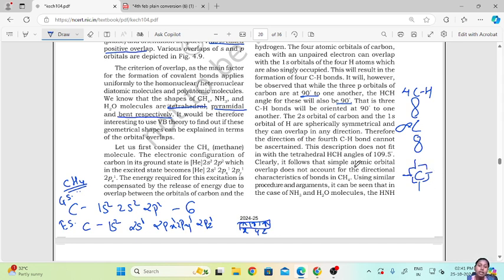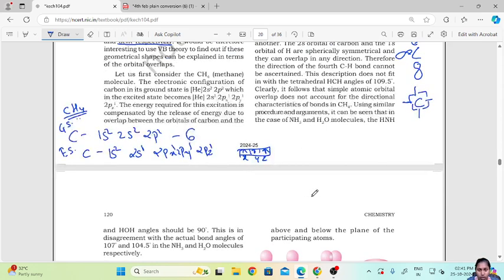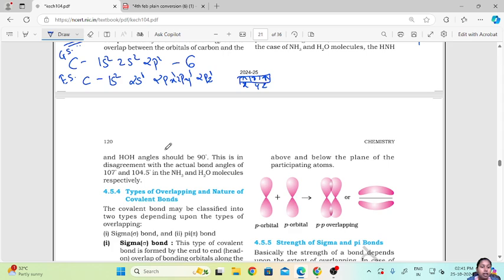Clearly, it follows that simple atomic orbital overlap does not account for the directional characteristics of bonds in CH4. Using simple procedures and arguments, it can be seen that the case in NH3 and H2O molecules, the angles should also be 90 degrees.